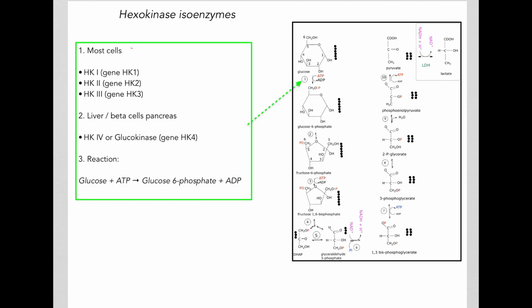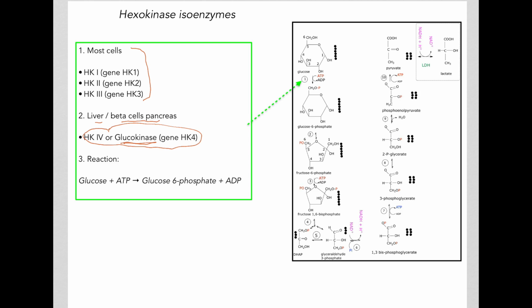So while most cells have hexokinase 1, 2, and/or 3, the liver as well as the beta cells in the pancreas have predominantly the hexokinase 4 isoenzyme, which is also called glucokinase.